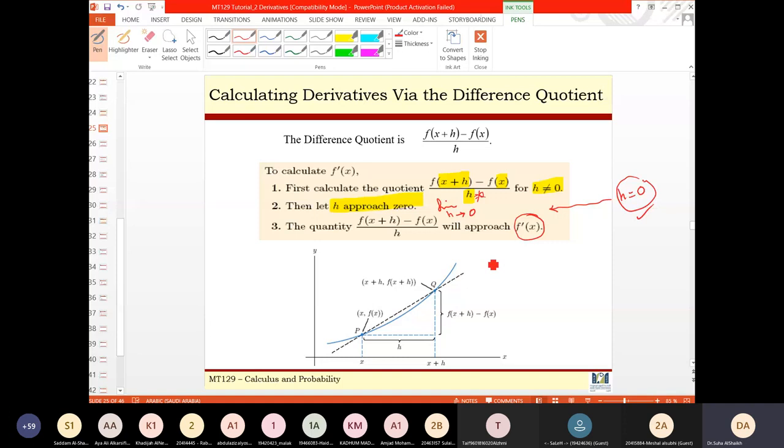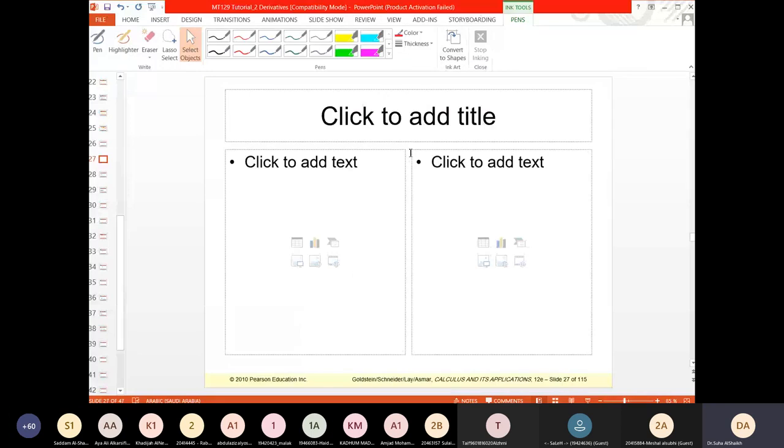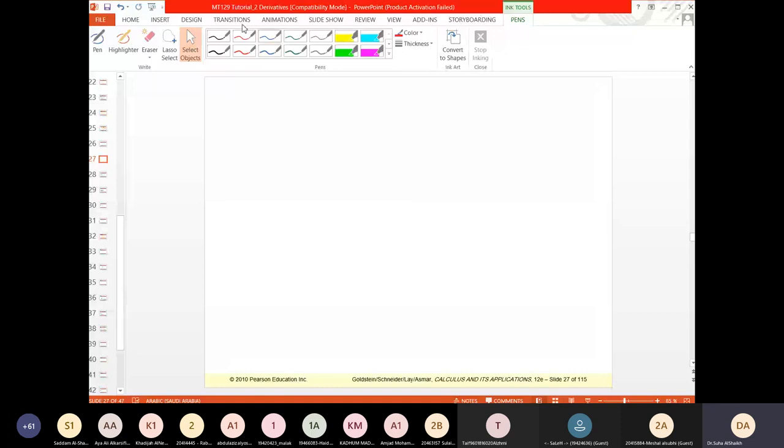We solved one example here, if you remember, and I gave you one practice as I remember. I'm gonna do it with you. I asked you to find f dash x for the function f of x equal to x squared. Am I correct?